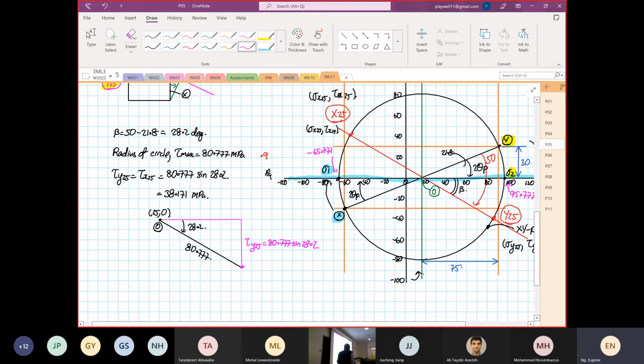Right? That's how we get it. So what I've done down here is I have this triangle over here. I've drawn it over here. Are we clear? Okay. This triangle and this triangle are the same triangle.